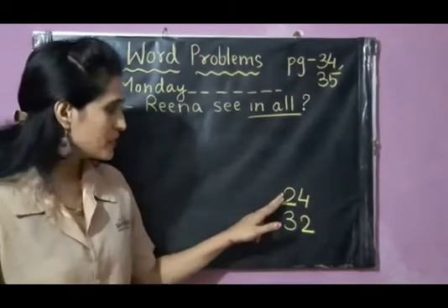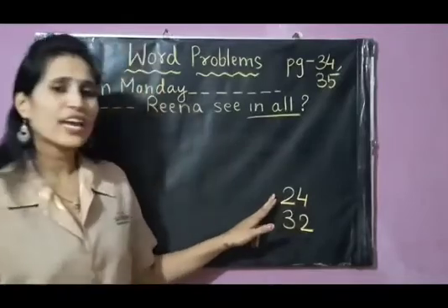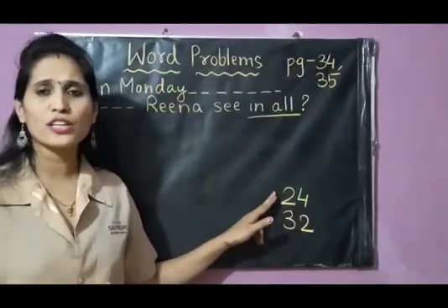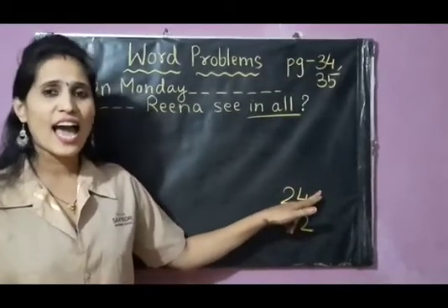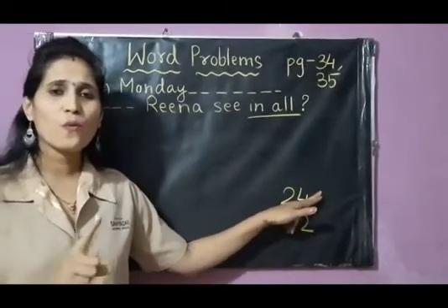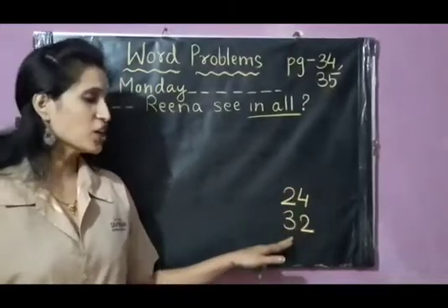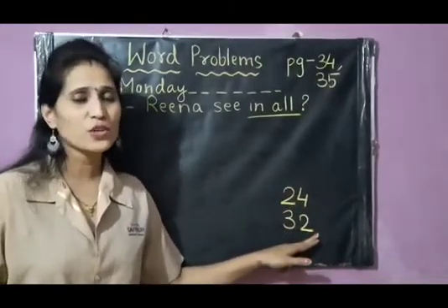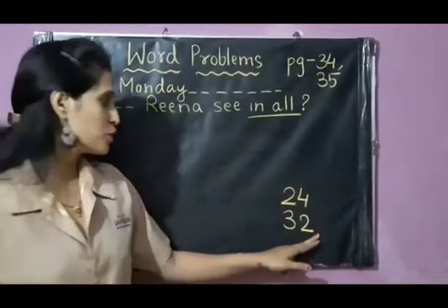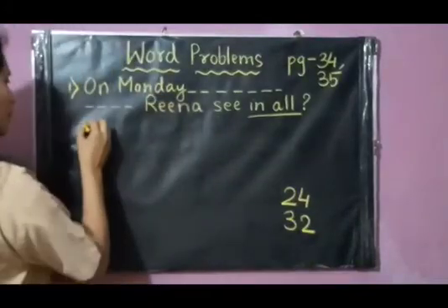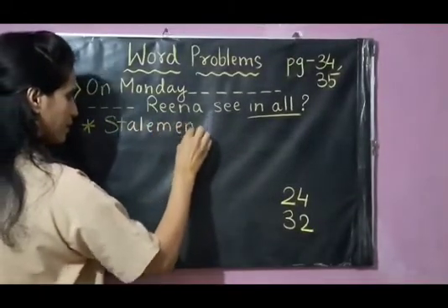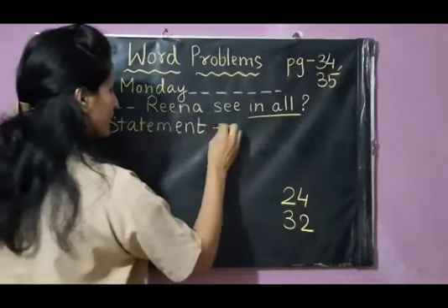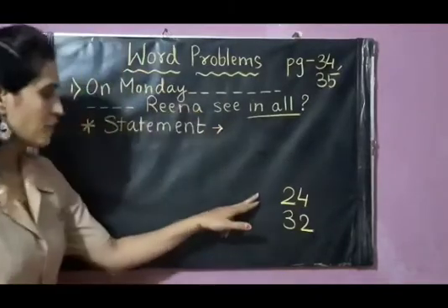There are 2 numbers. Now in front of 24, children, what is this 24? 24 is the number of butterflies sitting on one bush. 32 is the number of butterflies sitting on another bush. So we have to write the statement here. Okay, let us write the statement. What is 24?